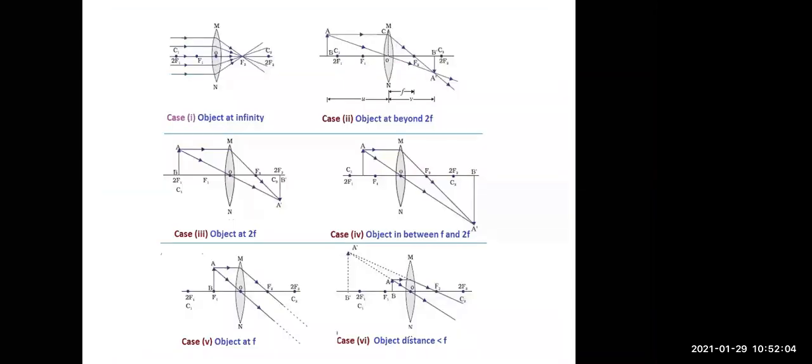Now here you can see the first case, that is the object at infinity. In this case, the object is at infinite distance, so it can be anywhere. We will not show the object here because it is at infinite distance, which we can't show on paper. So in this case, we will only show the incident rays which are coming from that particular object.